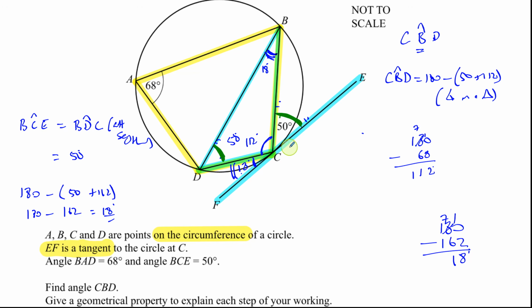Or as I mentioned, we could have used the alternate segment theorem first to find this angle. This is 50, this is 50. Now we have two of the angles in this triangle. We can find the third. So there's different ways of doing the question. There's probably other ways also, which I haven't maybe considered. Sometimes in these questions, there's more than one way, two-way, three-way sometimes of answering the question.